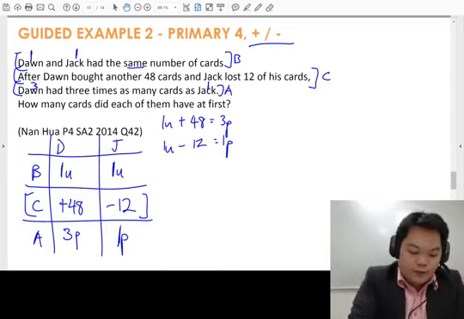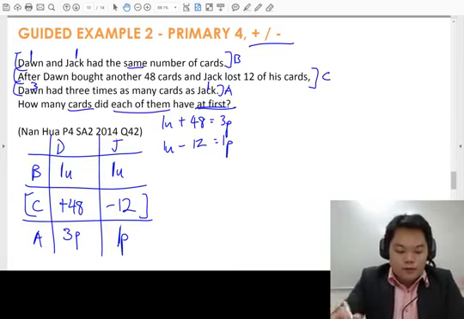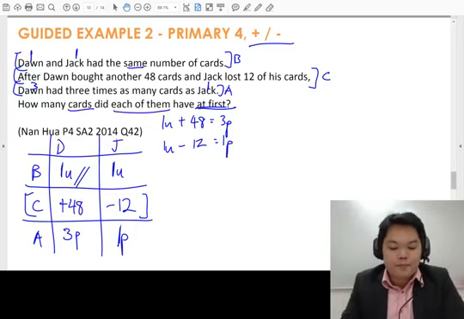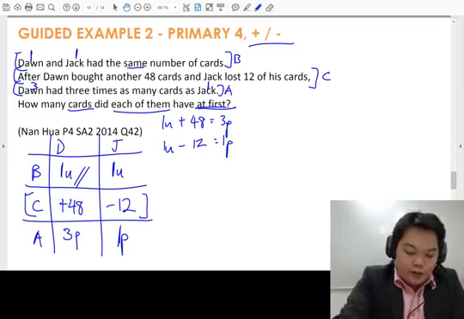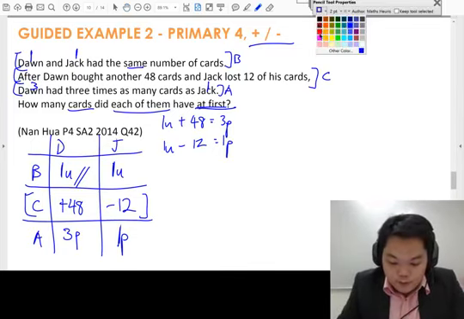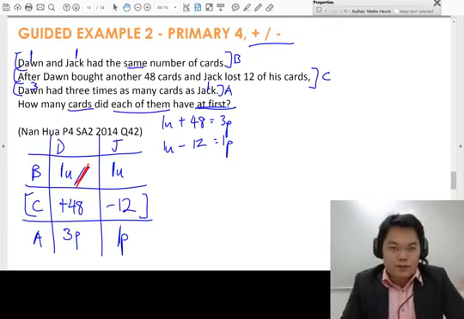Then once we have that, we need to find the number of cards each of them have at first. So that would be 1 unit that we want to find. Correct? And just now I was saying earlier, when you want to find units, you make parts the same.